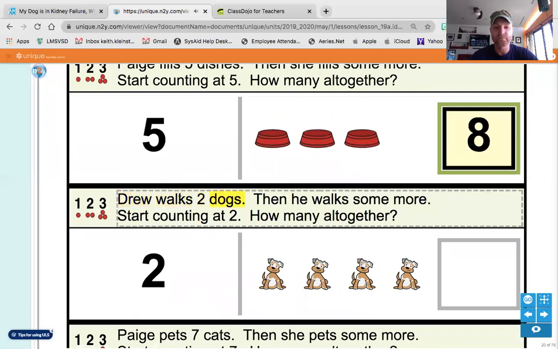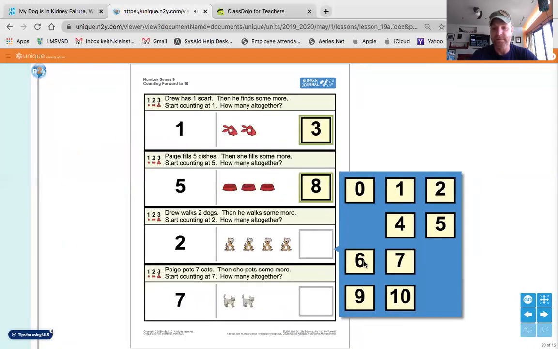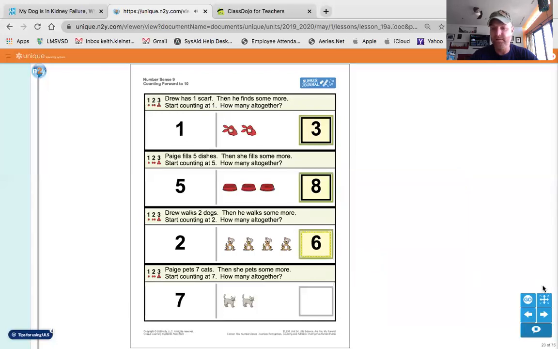Drew walks 2 dogs. Then he walks some more. Start counting at 2. How many altogether? Okay, here, start at 2, 3, 4, 5, 6. Find 6. There it is.